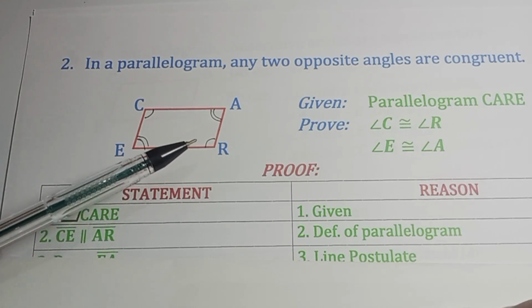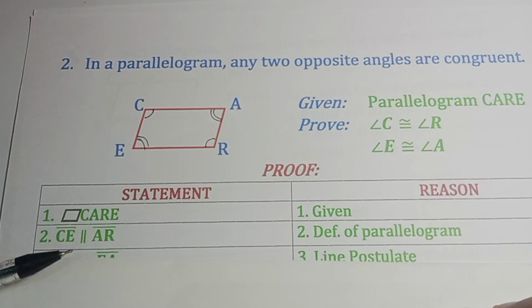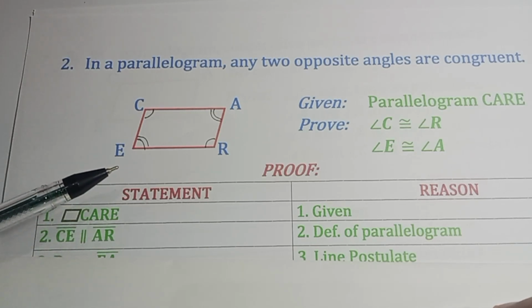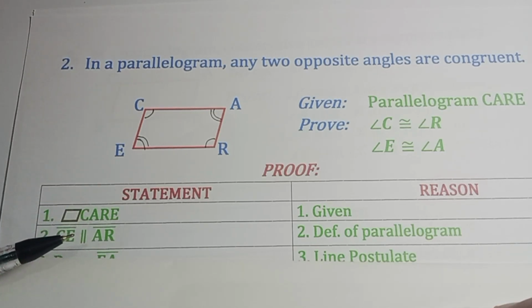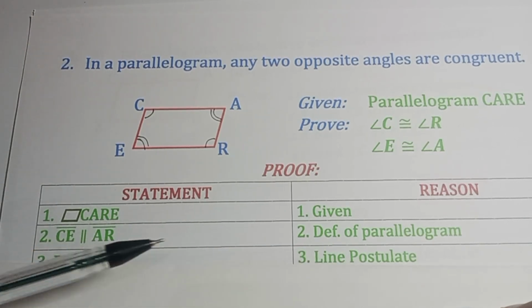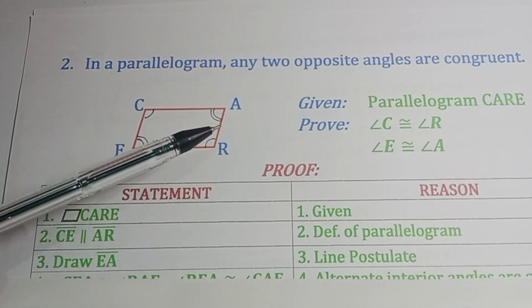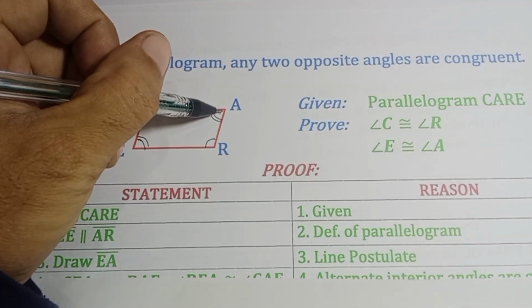The proof of this is just similar with number 1. So we have parallelogram, and then we have parallel sides. CE is parallel to AR. Definition of parallelogram. Next, let us draw EA. This EA.